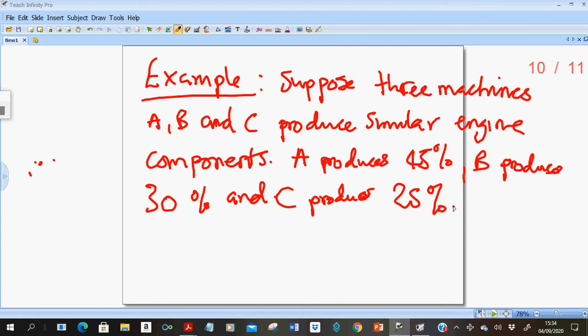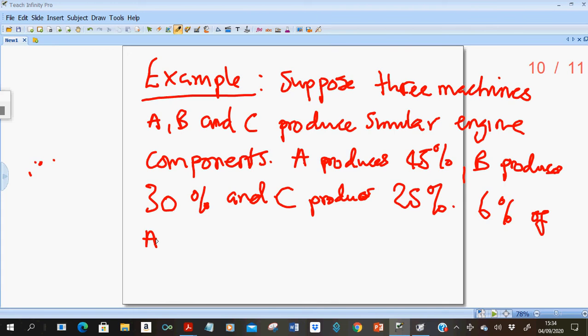Now, we are told that for the usual production schedule, 6% of the components produced by machine A do not meet the established specifications.